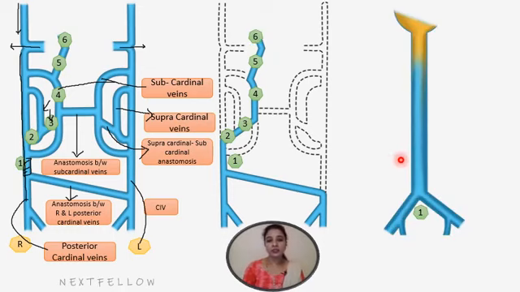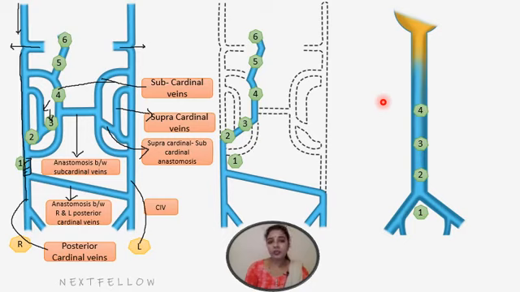So the first one is from the right posterior cardinal vein. The second one is from the supracardinal vein. The third source is from the supracardinal and subcardinal anastomosis.